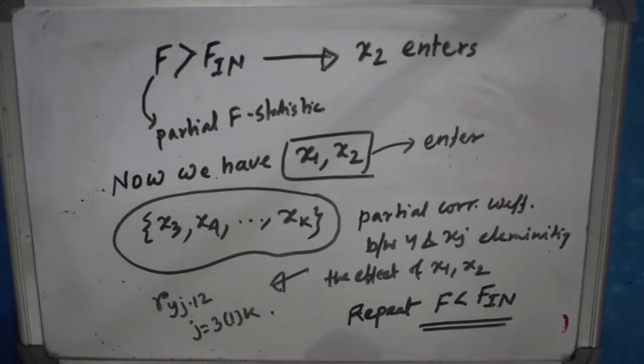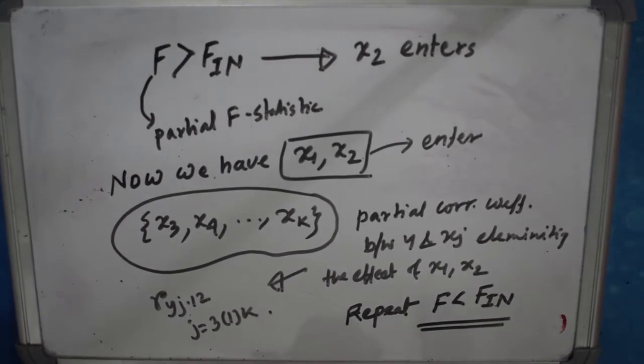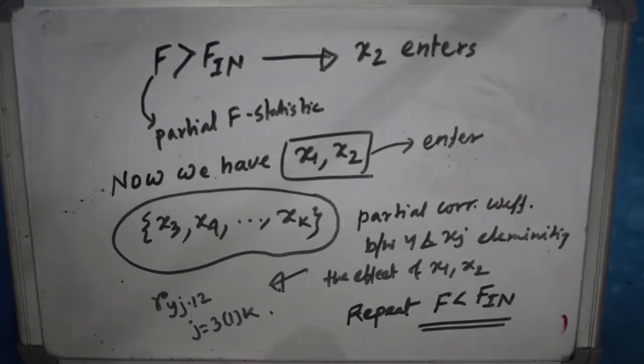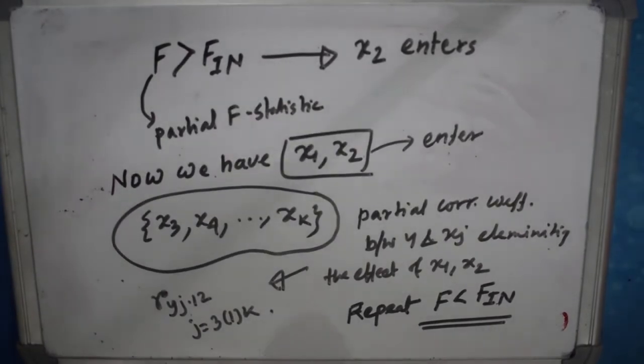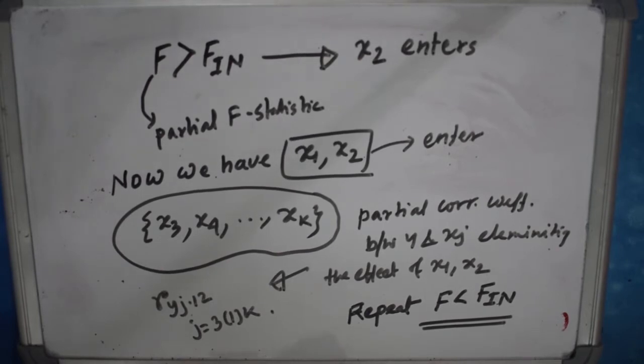Suppose the maximum correlation coefficient occurs in x1, then we start with y and x1, then we fit the model using y and x1, then compute F.